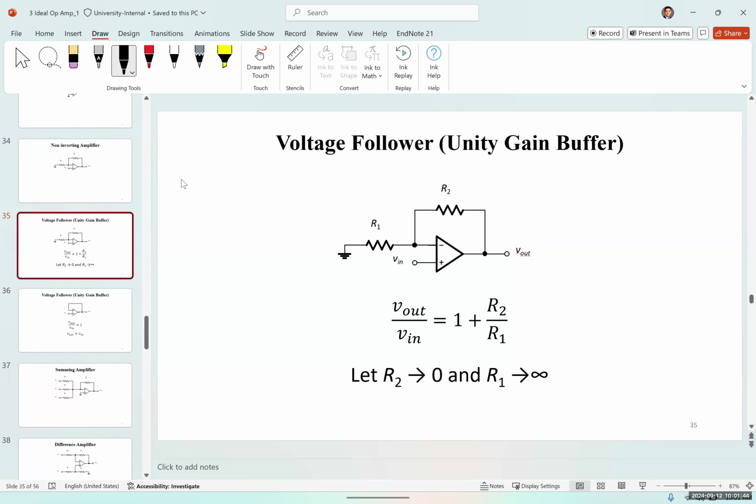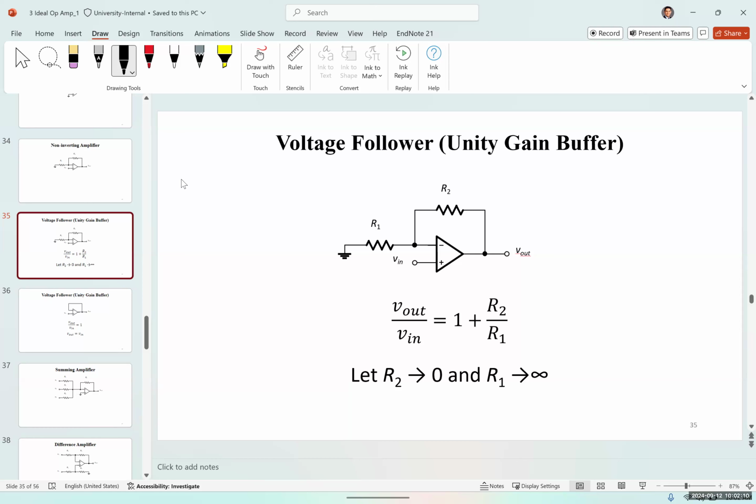So we learned about inverting and non-inverting amplifier. But we have other different types of amplifiers as well. One amplifier that is very commonly used is called a unity amplifier. Let me ask you this. What type of amplifier is this?